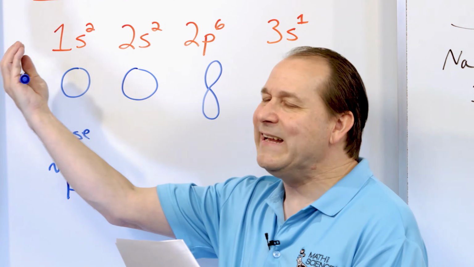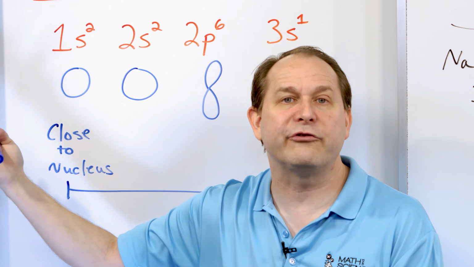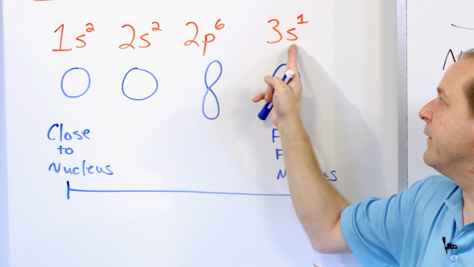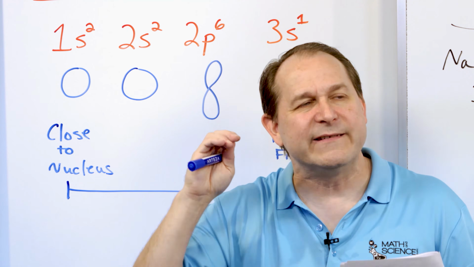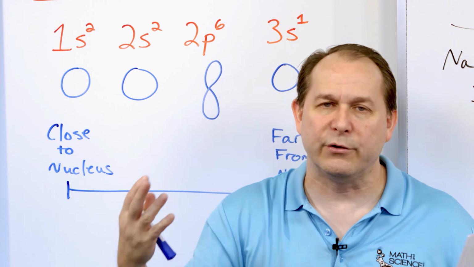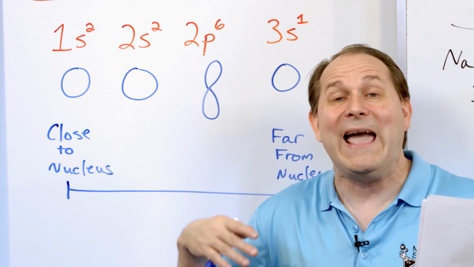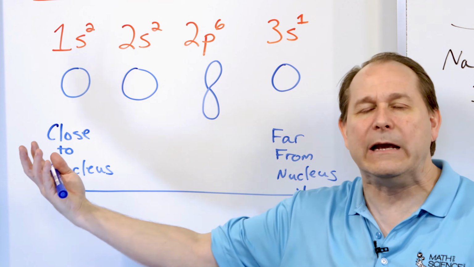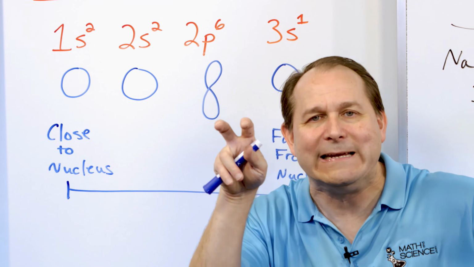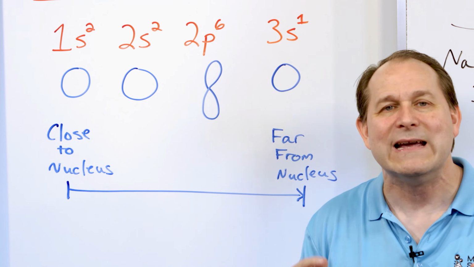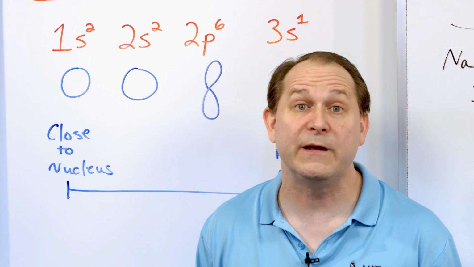So you're not seeing a full tug of 11 positive charges. You're seeing something way less than that because all of these negative electrons are shielding you. So this thing is weakly held onto because it's far away, and it's not even seeing most of the charge. It's not feeling most of the charge of the nucleus because it's shielded by all these electrons in the way, negating the positive charge from the nucleus.